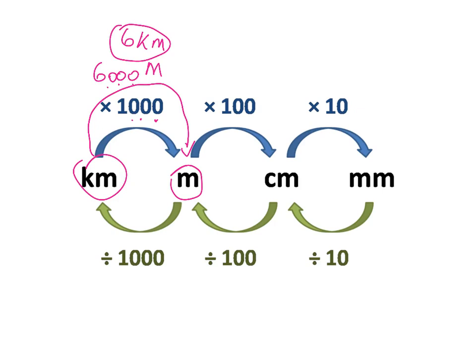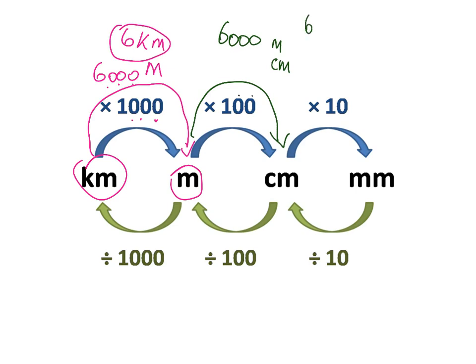Further, let's say we had 6,000 meters and we wanted to convert it into centimeters. So again, we're going from here to here. So we need to add another 2 zeros, okay? Or we multiply it.